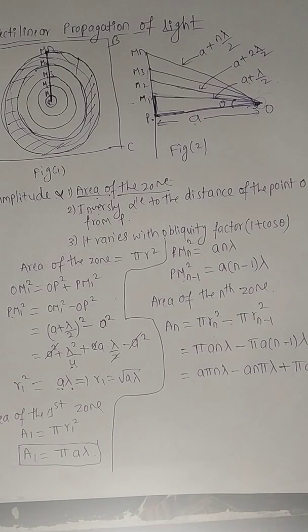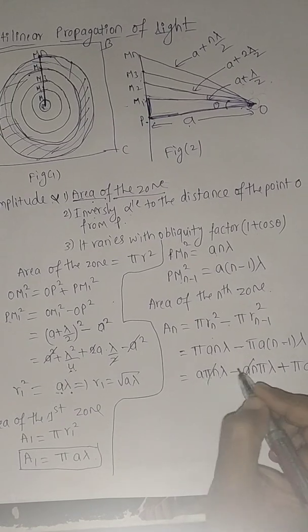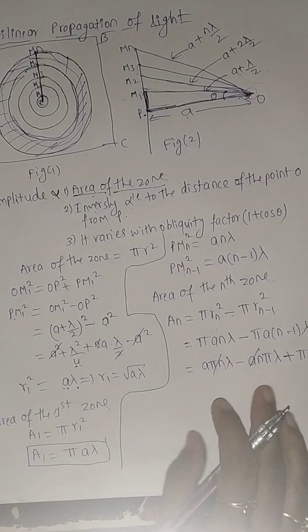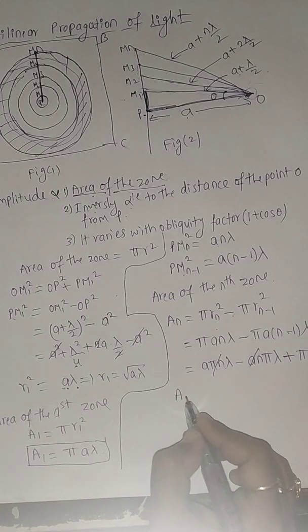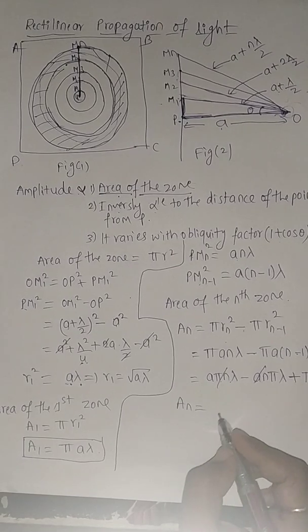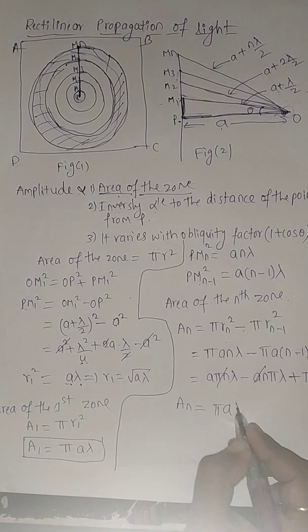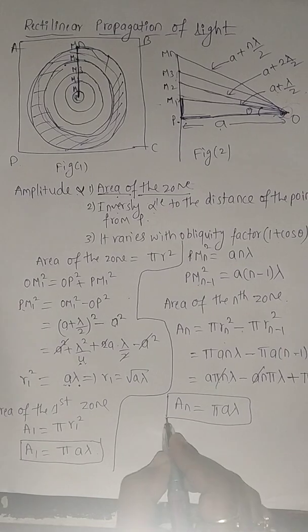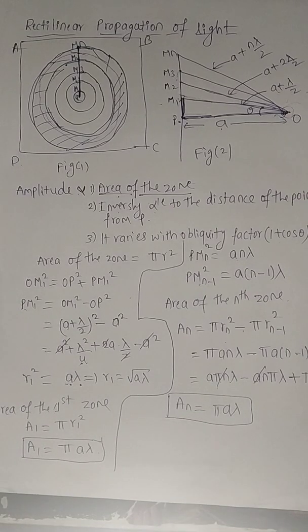So pi a n lambda minus a n pi lambda gets cancelled, and what is remaining is pi a lambda. So the area of the nth zone, An, is equal to pi a lambda.